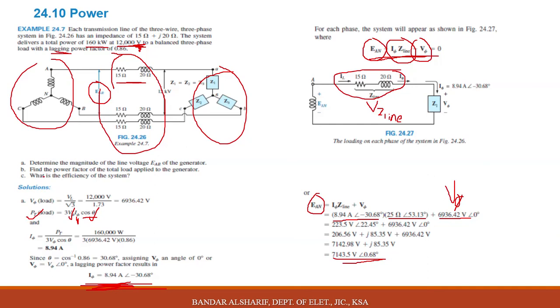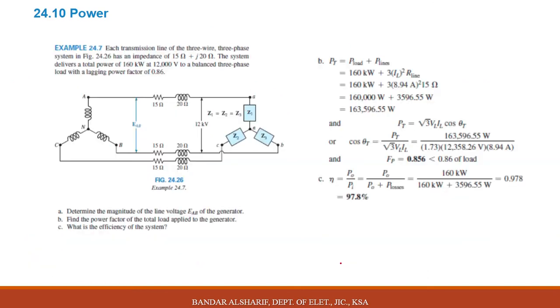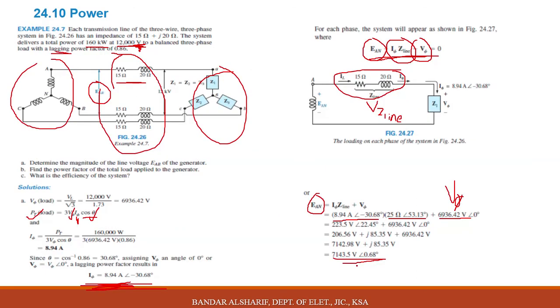Now we still did not find the answer. The question asked to determine the magnitude of the line voltage EAB of the generator. We need to multiply this value by root 3. Okay, some part is missing, if we multiply by root 3 and angle 30, let me check in the book.